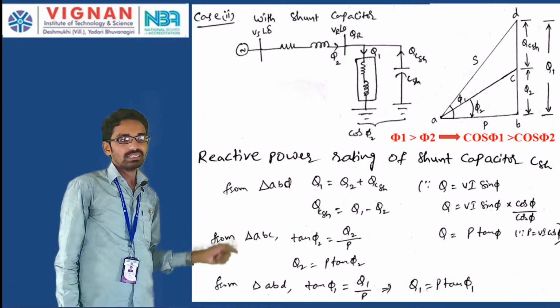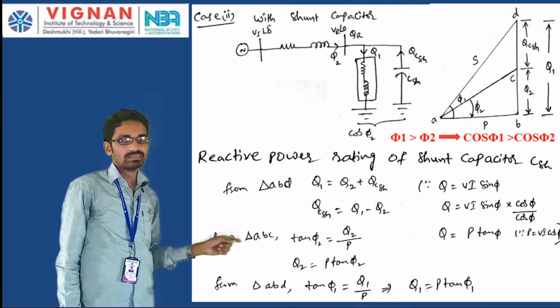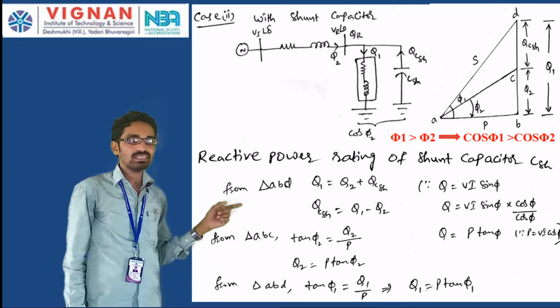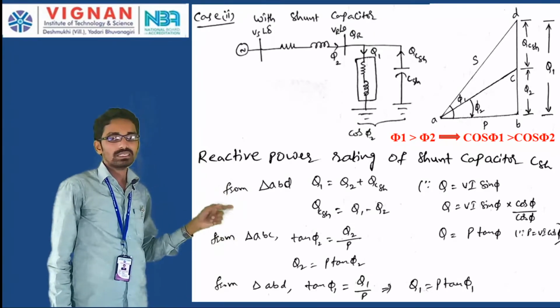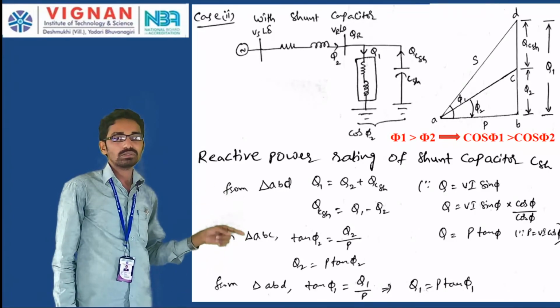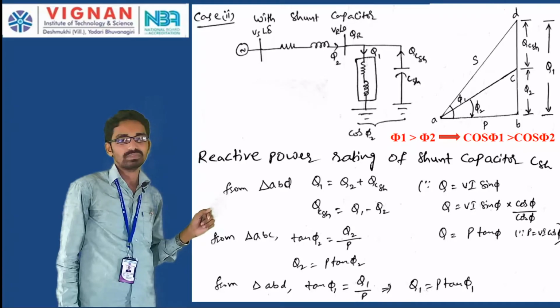Next, if you consider the triangle ABD, that is the bigger triangle, there the angle is phi 1, for that you are going to get tan phi 1 equal to Q1 by P, that is, Q1 is equal to P into tan phi 1, right.